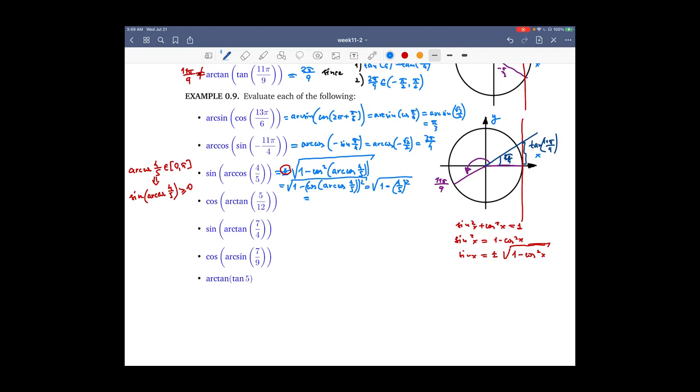Now this is 1 minus 16 over 25. That is 9 over 25, and that is 3/5.